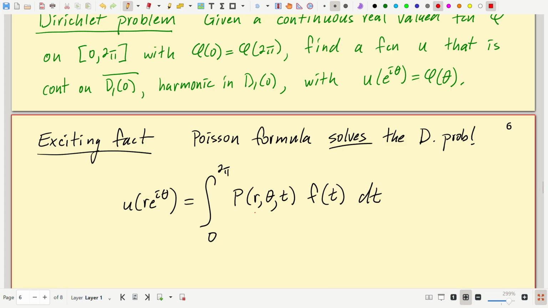And this is the Poisson kernel, which is 1 over 2 pi, 1 minus r squared over e to the it minus r e to the I theta squared. Let's say I've got a t there. Oh, yeah, there's a t and a theta.